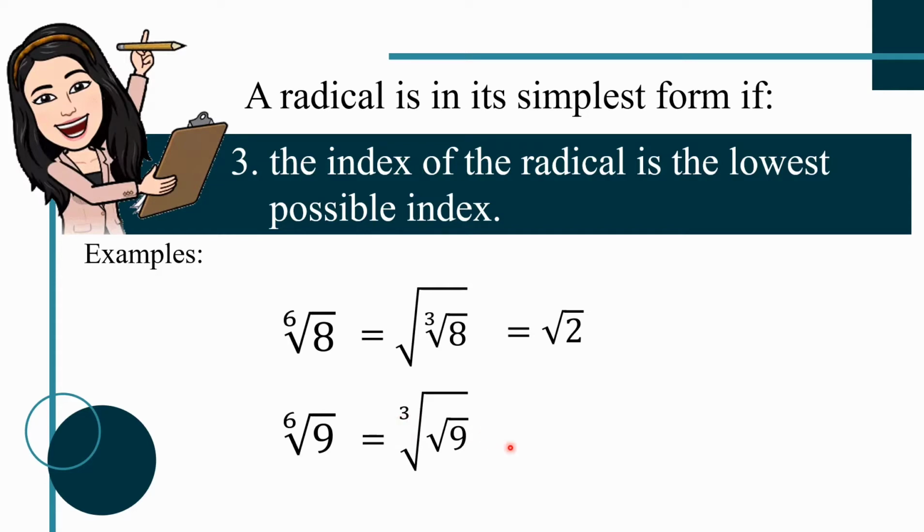So, therefore, square root of 9, let us simplify, and that would be equal to 3. So, ang natira na lang ay yung outside ng radical. So, we have cube root of 3. So, this is the simplest form. So, a radical is in its simplest form if we can no longer reduce its index.